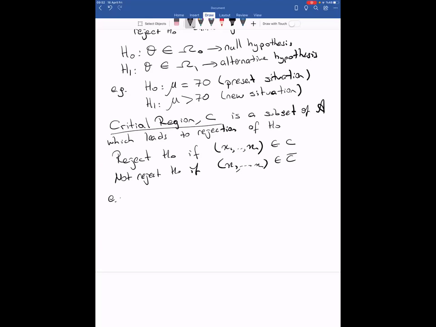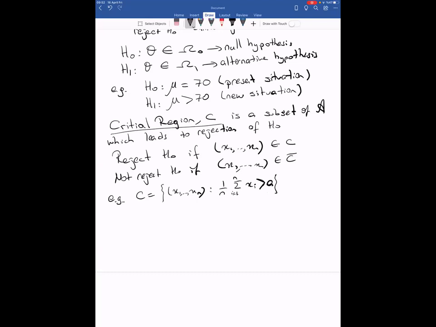This could basically define our C. Let's say we have sample variables x1 to xn, and 1 over n summation xi is greater than some value a. This will give us the condition to reject our null hypothesis.